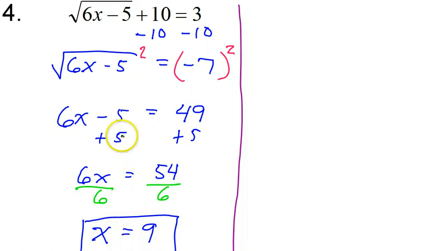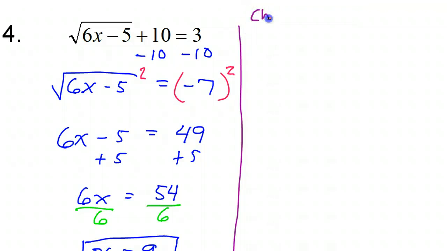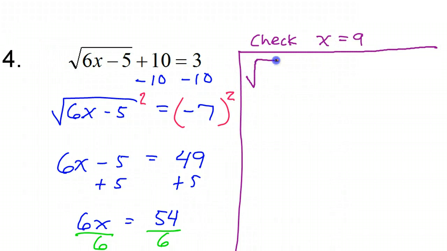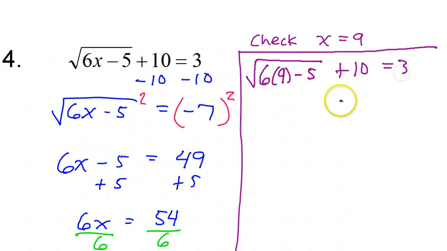Anyway, if I put this 9 back in, so I am performing a check. Okay, I'm checking x equals 9. So that would make this become the square root of 6 times 9 minus 5, plus 10, and I want to make sure that that equals 3.